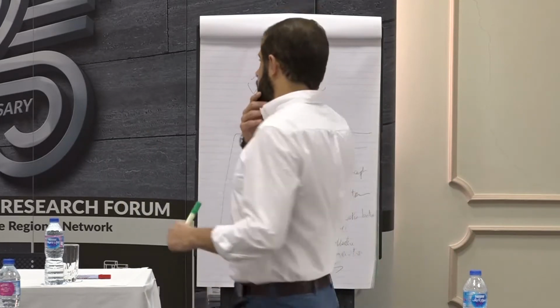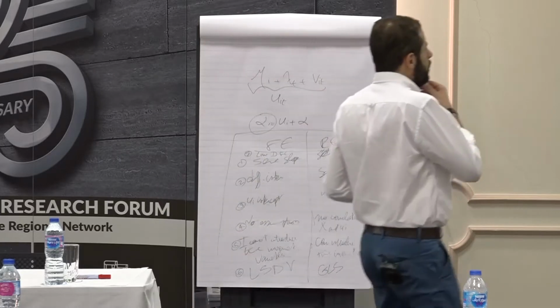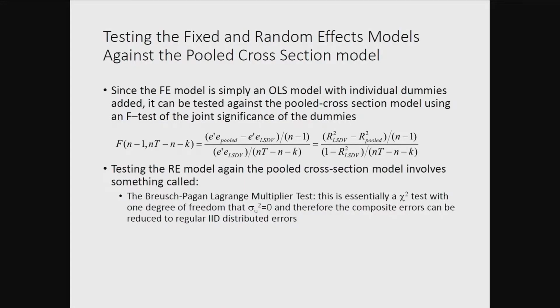Okay? So this means that by the end of the day, the fixed effect model is an OLS with dummy variables, and the random effect model is a GLS in order to resolve the problem of heteroscedasticity.